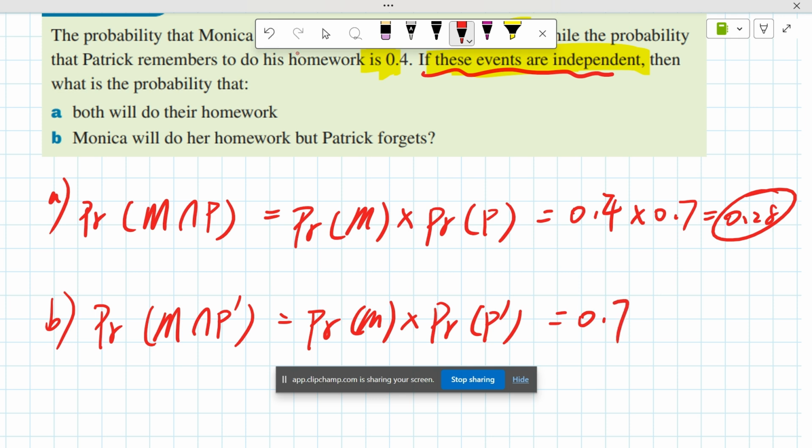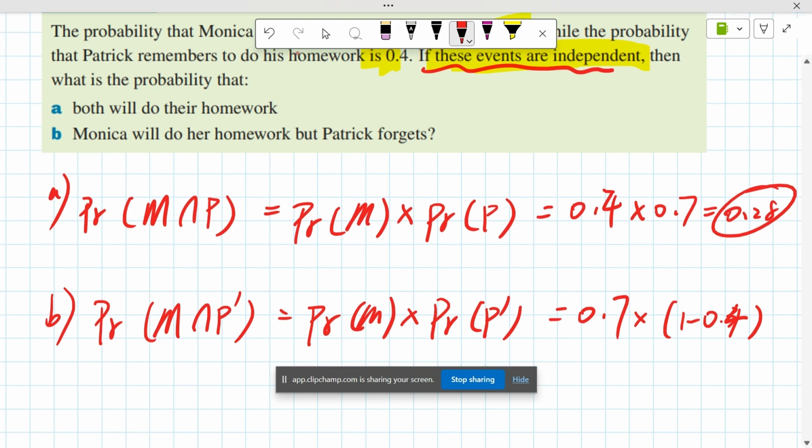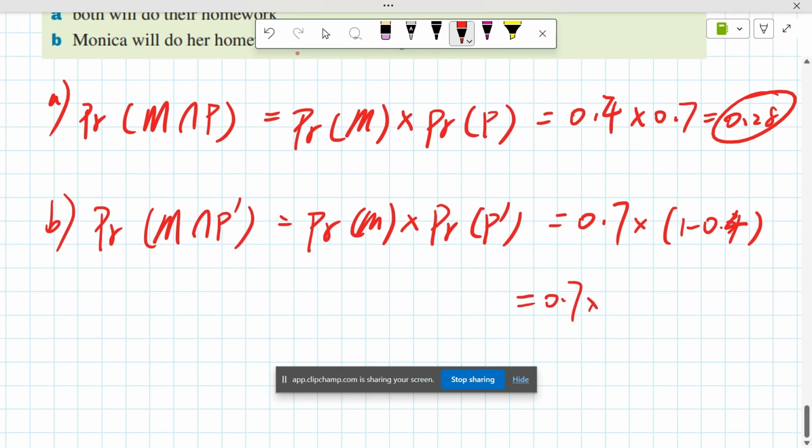So 0.7 times 1 minus 0.4, which is 0.6, so that equals 0.42. Hopefully that makes sense. And this is all about independent events, and I'll see you guys in 13C.